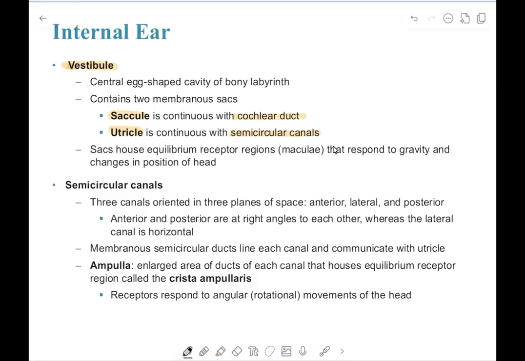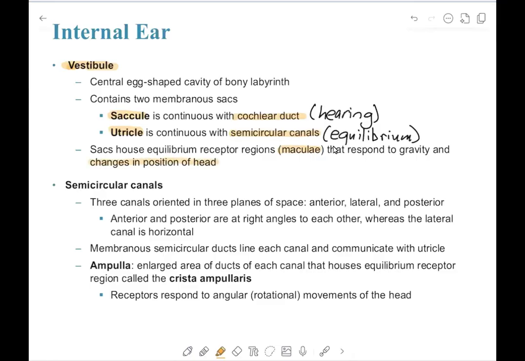When we hear cochlea, we need to think hearing, and when we hear semicircular canals, we need to think balance or equilibrium. So these two sacs, the vestibule, are going to house equilibrium receptors, which are called maculae. And those maculae are going to respond to changes in position of the head.